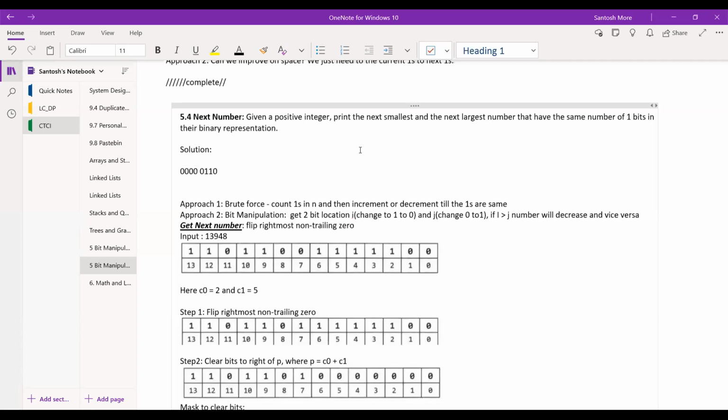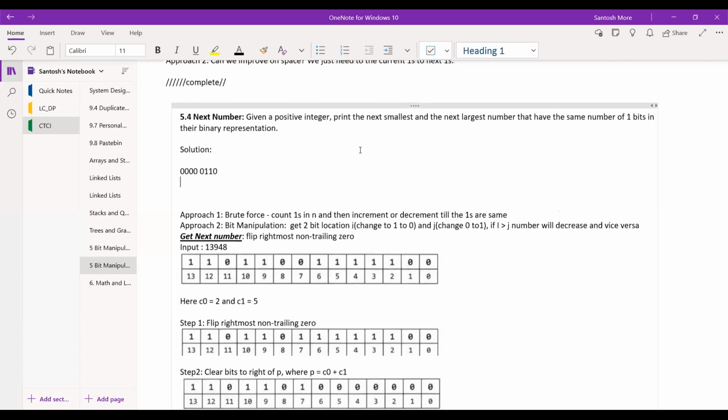If I have the value 6, then I need to form its next greater element. What will the next greater element of 6 be? Something like 1 0 0 1, I believe. So this is 9, right? I'm taking 6, and then the next greater element of 6 with the same bits.